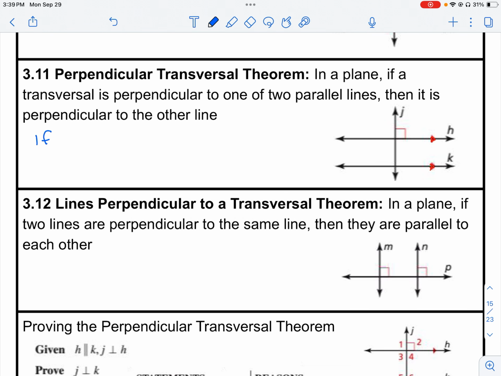If H is parallel to K and J is perpendicular to H, which is what the little box means on H, then J is perpendicular to K. So this will also be true.